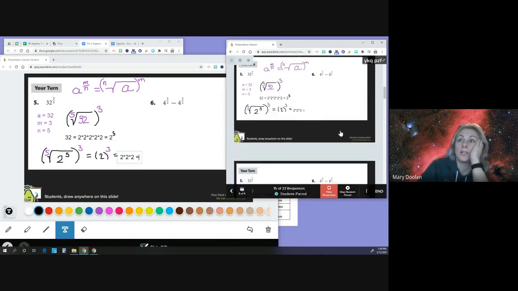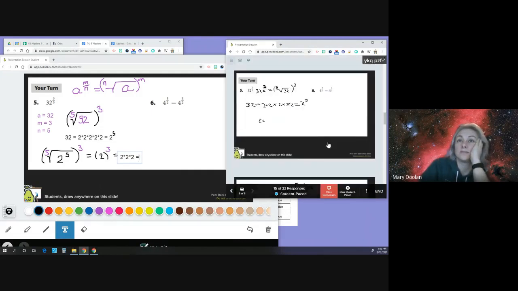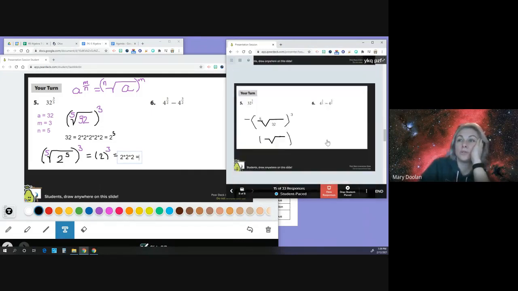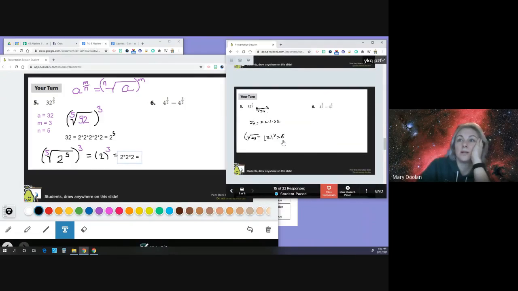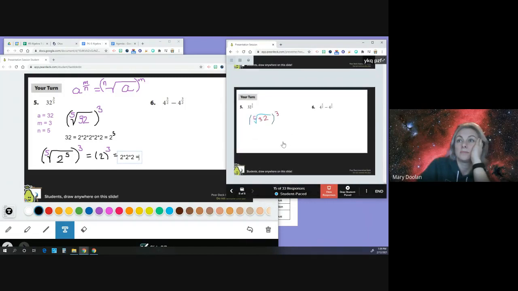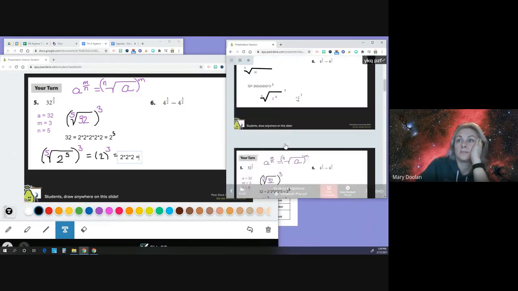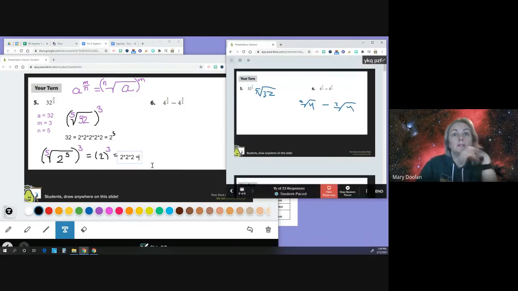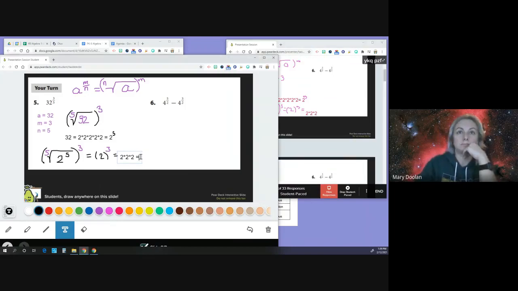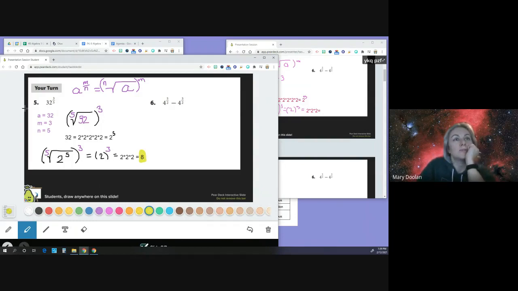What is 2 to the 3rd power equal to? Not 6, that would be 2 times 3. Do 2 times 2 times 2. 8. There we go. Someone got it. It is 8. So the answer is 8 for number 5.